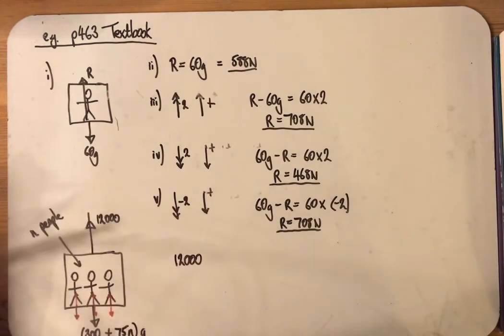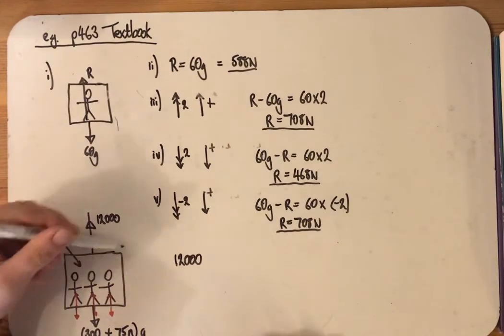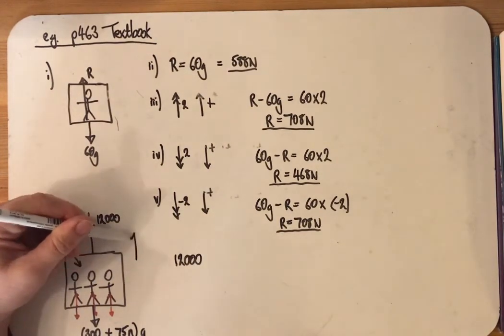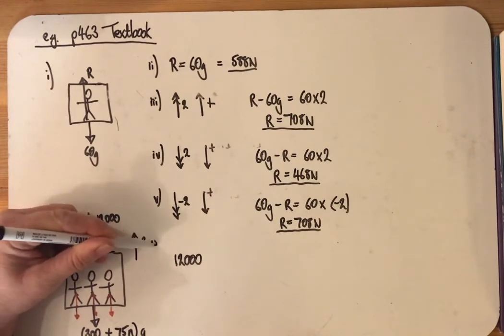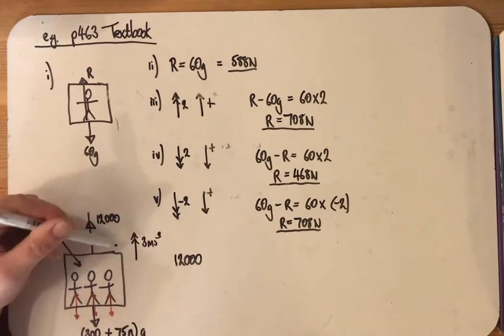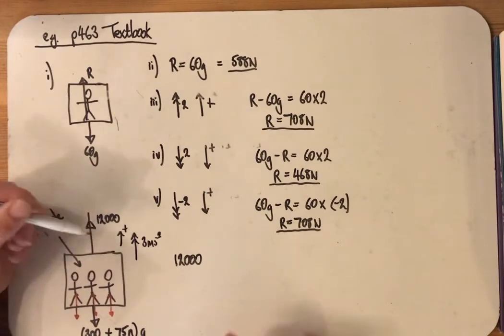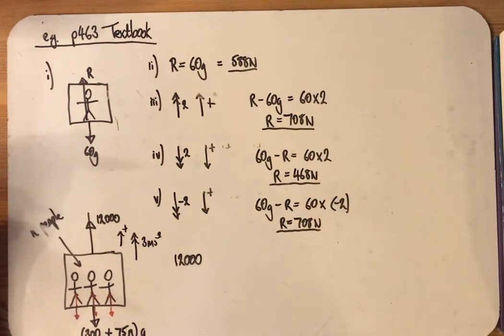What's the greatest number of occupants carried safely if the magnitude of the acceleration does not exceed 3 meters per second squared? So we're going to take it accelerating upwards at 3 meters per second squared. So that's the positive direction, and that'll cause you maximum tension accelerating upwards.